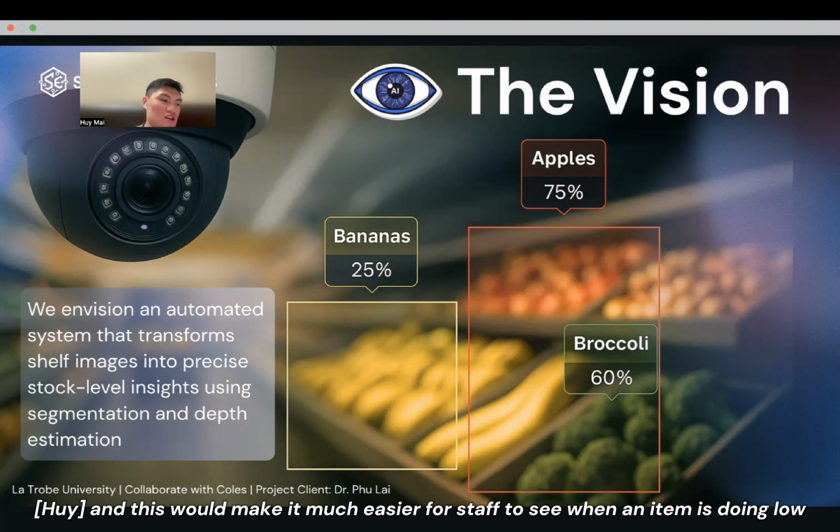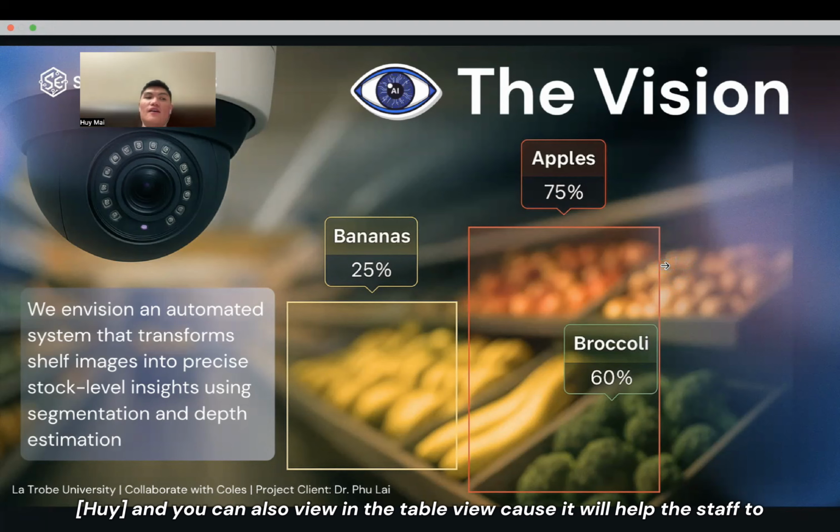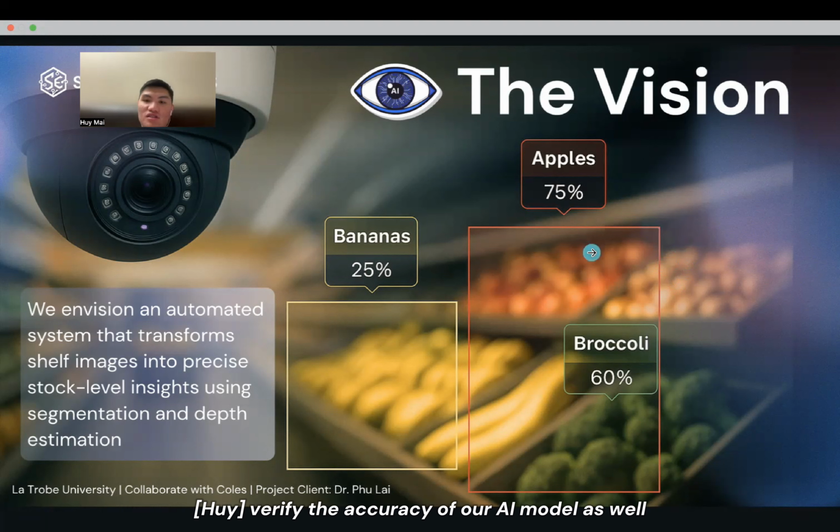This makes it much easier for staff to see when an item is running low when scanning the shelf. You can also view it in the table view, because this will help the staff verify the accuracy of our AI models as well.